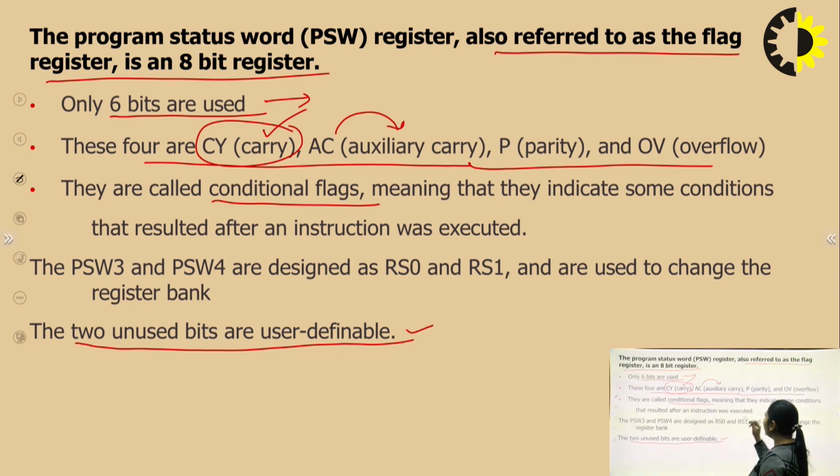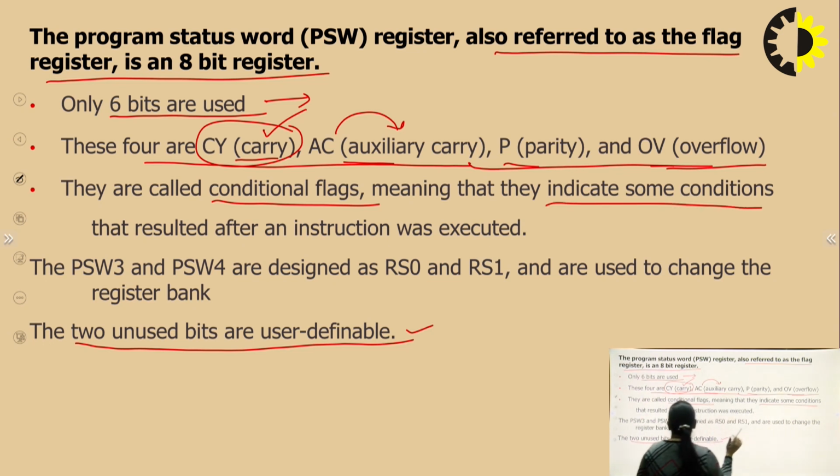And if the parity is even, it will be 0. The overflow flag is 1 when the signed number is overflowing, otherwise it will be 0. These 4 flags are known as the conditional flags, because they indicate some conditions.